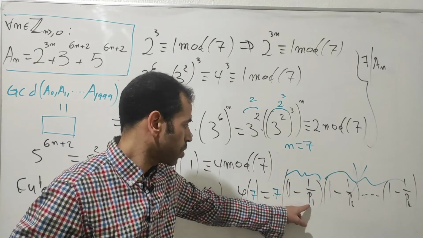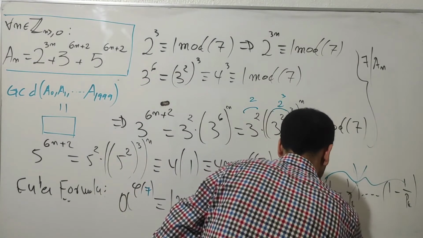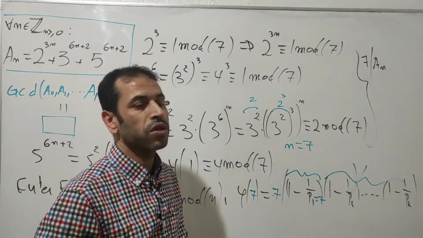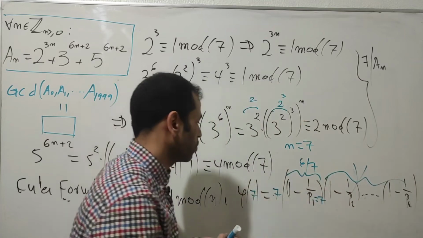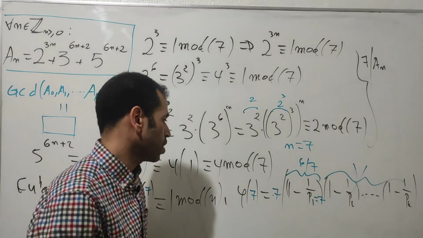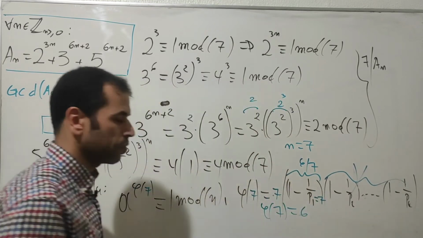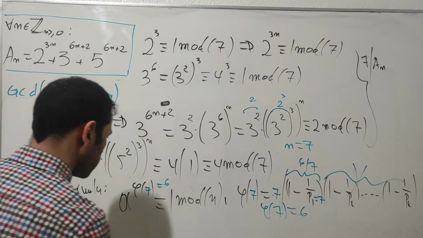So we are replacing p1 with 7 here. 1 minus 1 over 7 is going to give us 6 over 7. Multiplying this one by this one, I end up with phi of 7 equals 6. So I'm going to replace phi of 7 with the number 6 here.